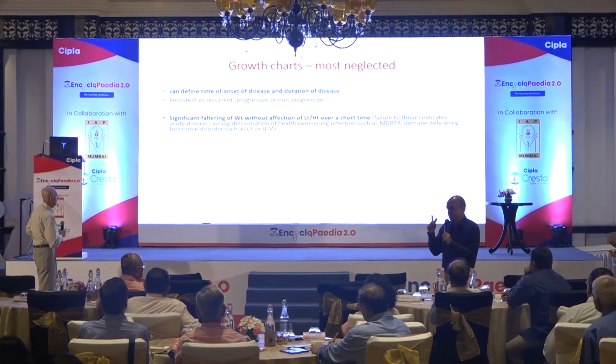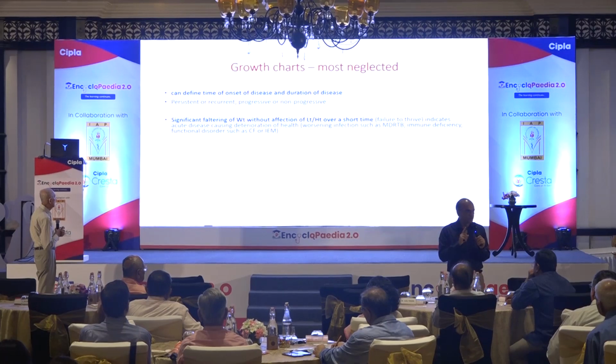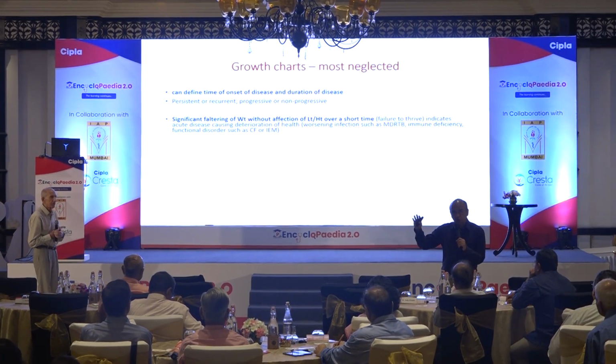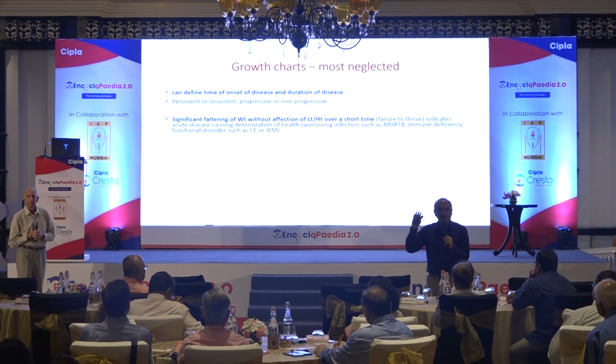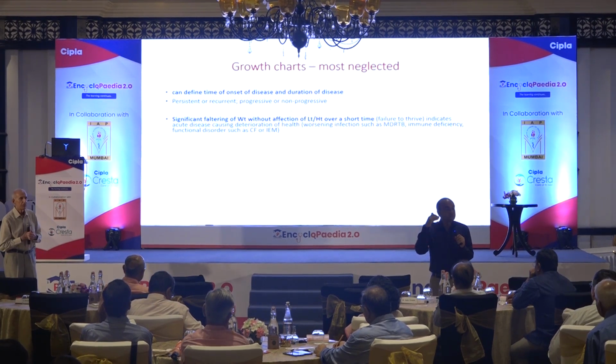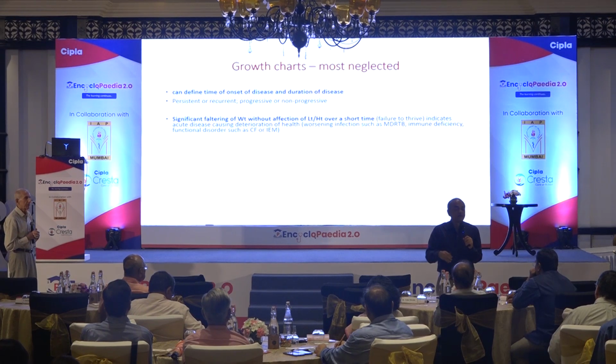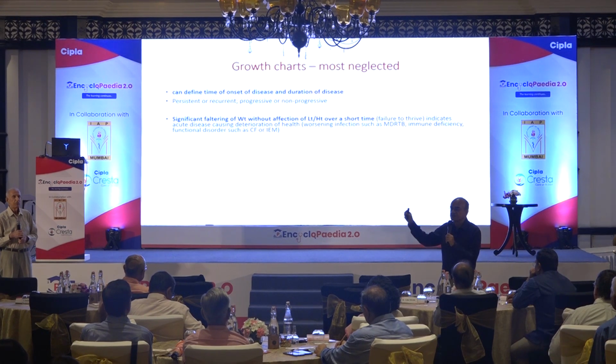So only weight is affected, no affection of length or height. What does this mean? Acute affection of growth, but severe, significant. So what does it mean? It means an acute serious disease.